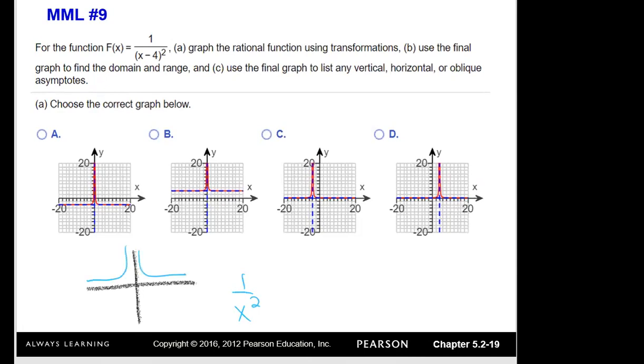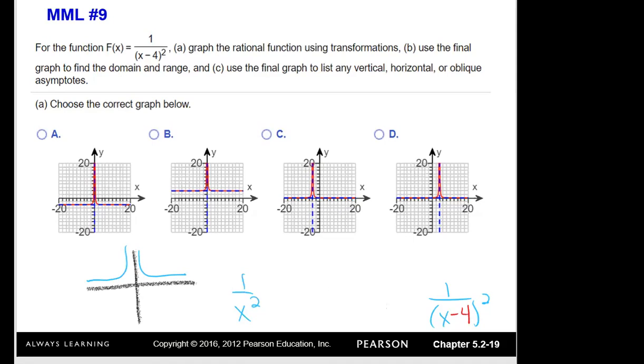But then it's now 1 over x minus 4 squared, so this thing is going to get shifted 4 to the right. Remember, when it's inside parentheses, it goes right or left, and it's always the opposite of what you see. If I see minus 4, it's got to be a plus 4.